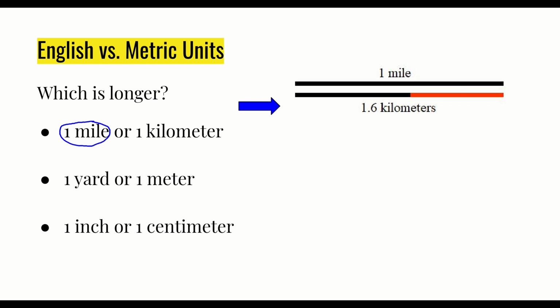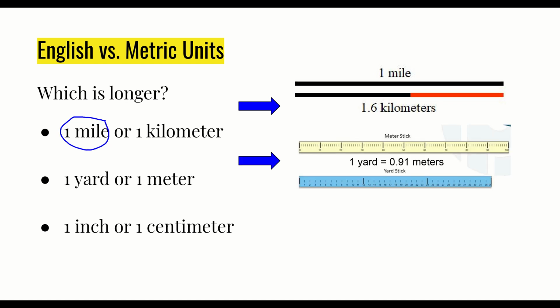So for every mile we travel 1.6 kilometers, about 1.5 kilometers, but just a little over. This means that if you are someone who doesn't like to run and someone gives you the choice of running 1 mile or 1 kilometer, pick the kilometer because you're ultimately going to go a shorter distance.